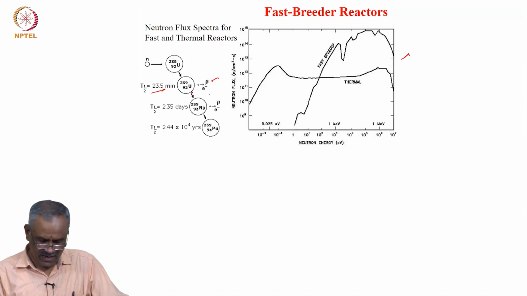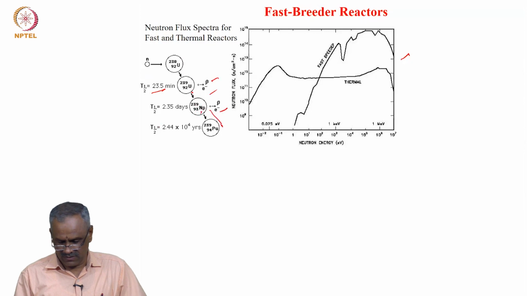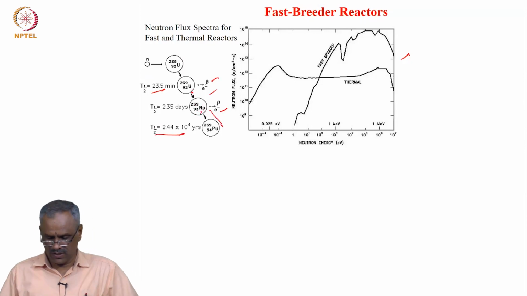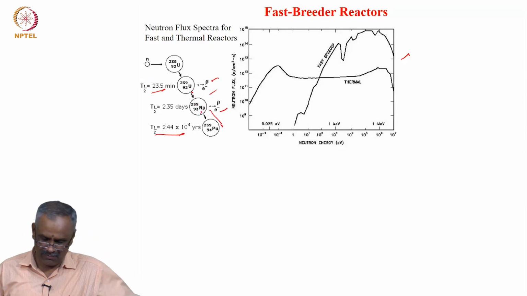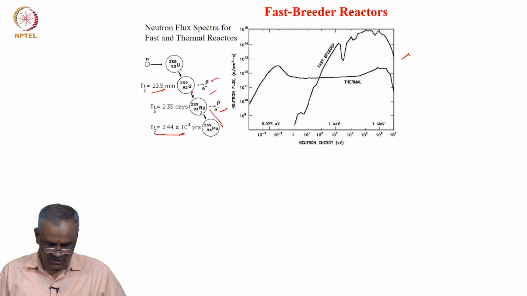Beta particles, electrons, are released from that, and it is subsequently transformed into neptunium-239 (93). It releases again, and then it becomes plutonium, with a long half-life of 2.4 into 10 to the power of years. This is the complete neutron spectra for this one.